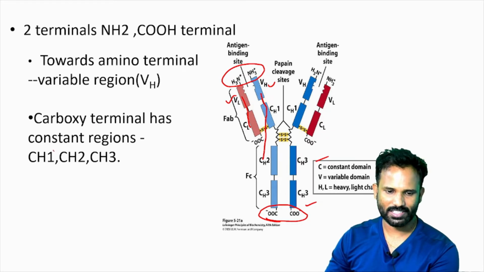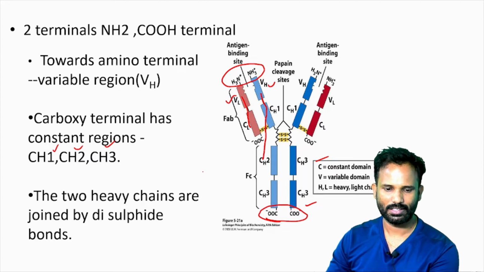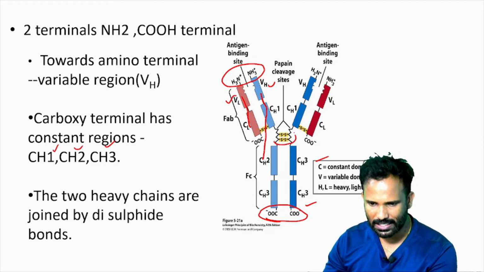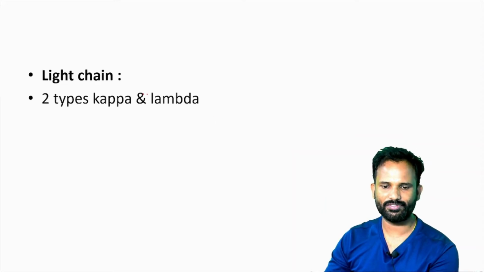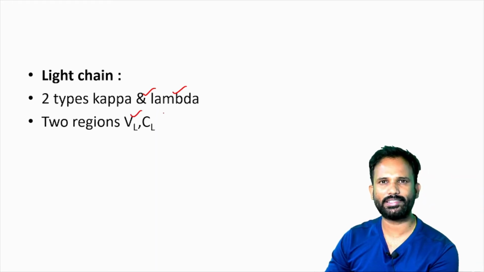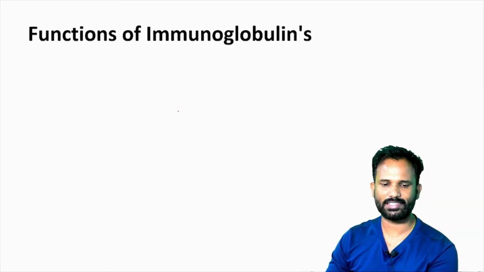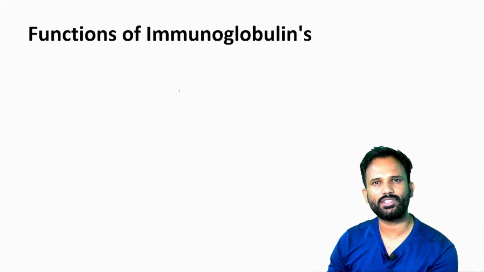So constant heavy chain 1, heavy chain 2, heavy chain 3. And the 2 heavy chains are joined by disulfide bond. Light chain will be 2 types, kappa and lambda, and it has 2 regions, variable light chain region and constant light chain region. And what are the functions of these immunoglobulins?